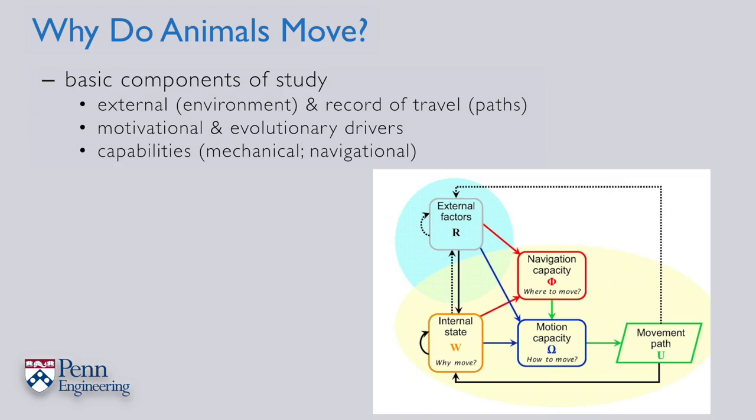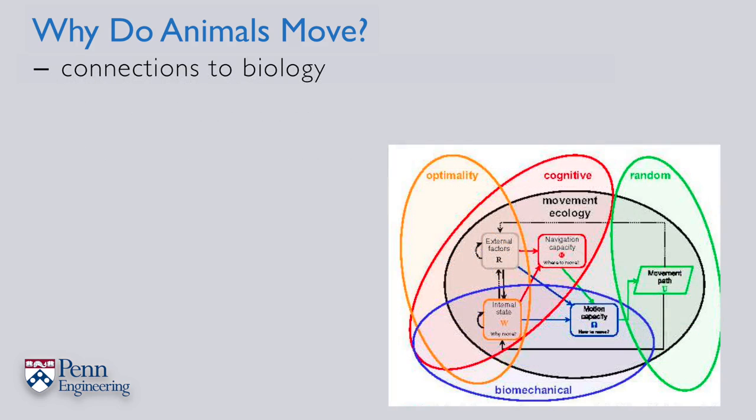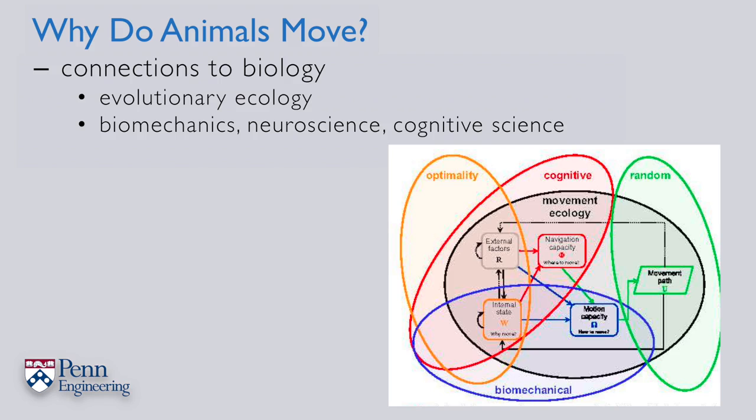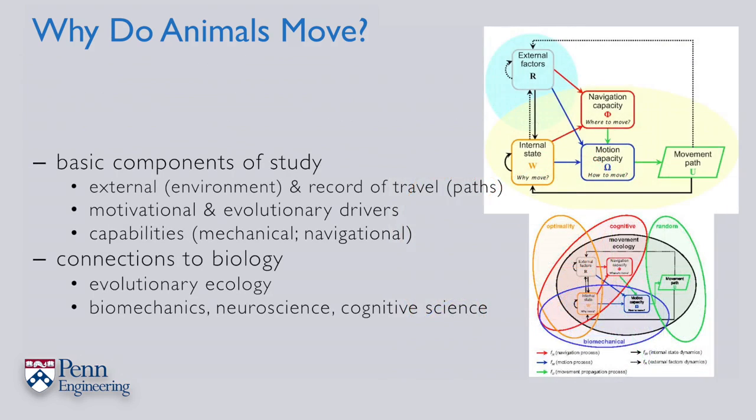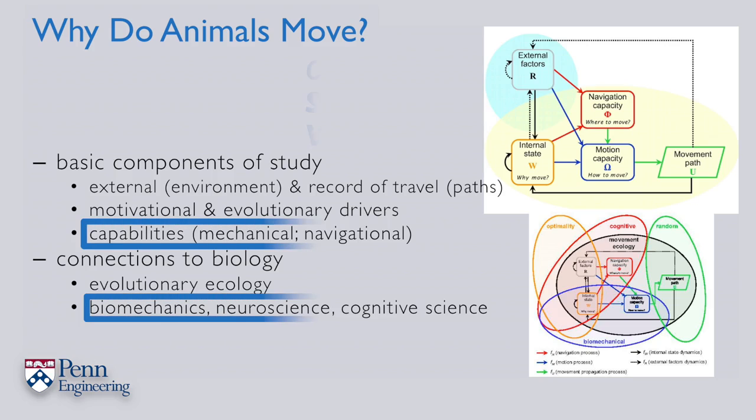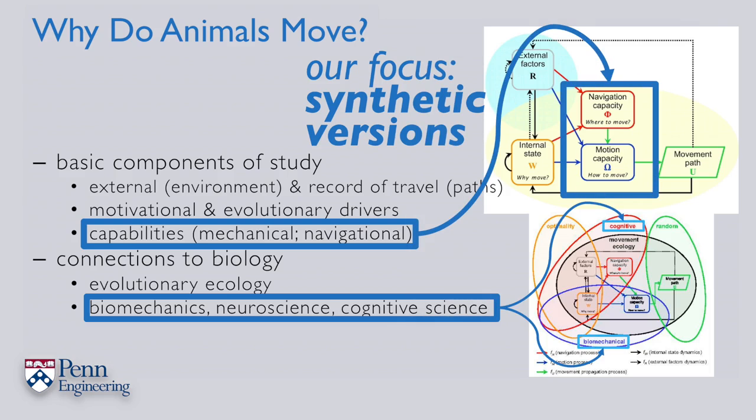And when we think about the connections to biology, we're trying very hard to understand the lessons of evolutionary ecology, but mostly we'll be focused on what the people in biomechanics and the neuroscientists and the cognitive scientists can tell us. So welcome to this special inquiry into mobility. We'll be spending a lot of time thinking about the relationship between animal mobility and machine mobility in the hours to come.